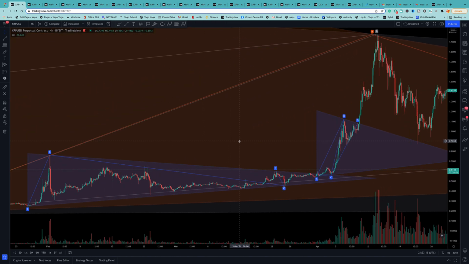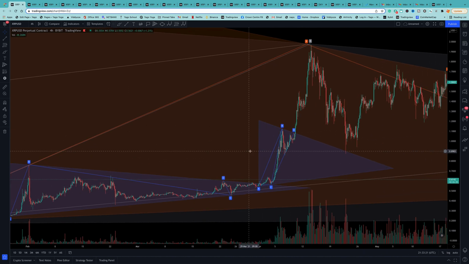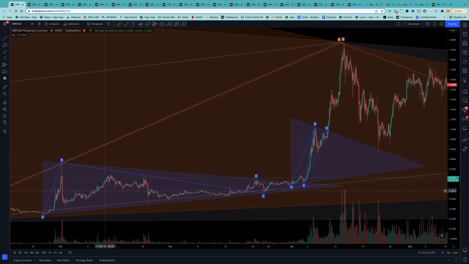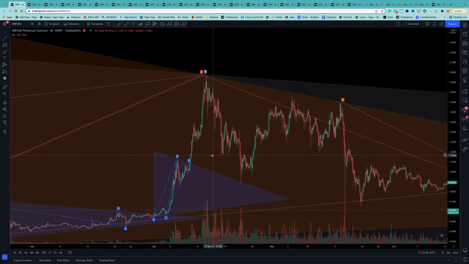And then look how much price action has moved in 10, 11 days compared to 2 months. A lot of what we've got is a down channel at the moment, and we've been going sideways, a lot of sideways action. No sideways here. This is all pump. So it's a very different vibe, very different energy.